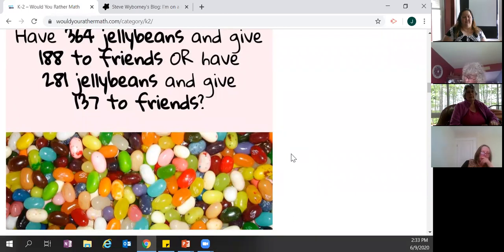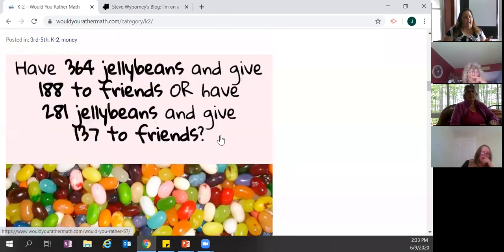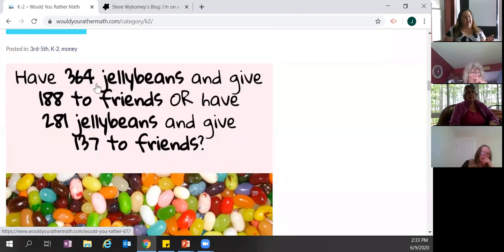you can see all these different ones, and they're great starters for conversations. Would you rather have 364 jelly beans and give 188 to friends, or have 281 jelly beans and give 137 to friends? They're going to do some mathematics here and figure out which one, if they like jelly beans, gave them more.